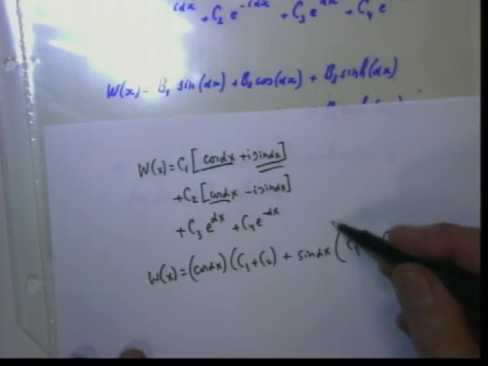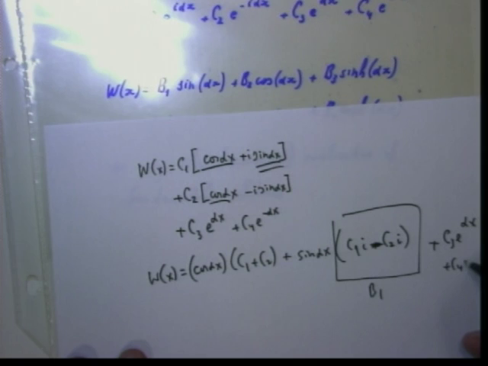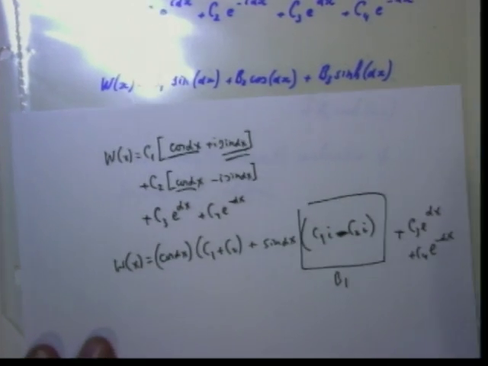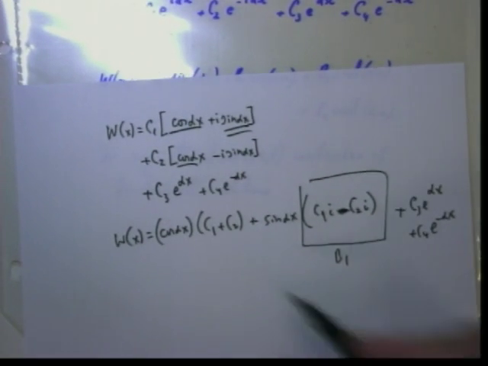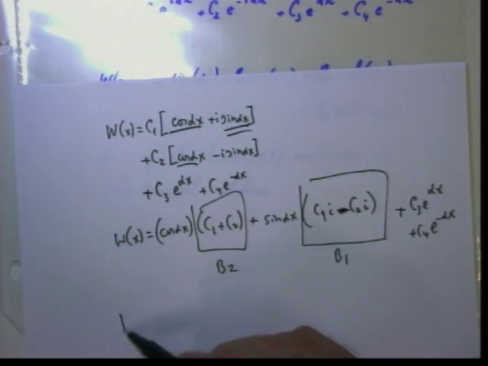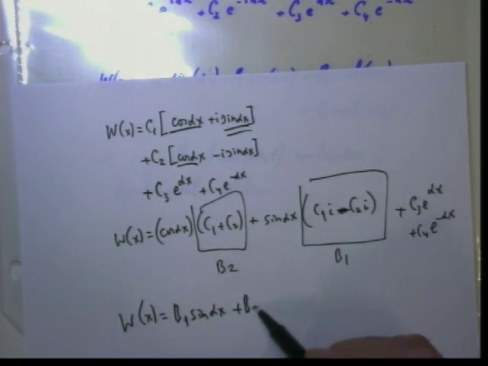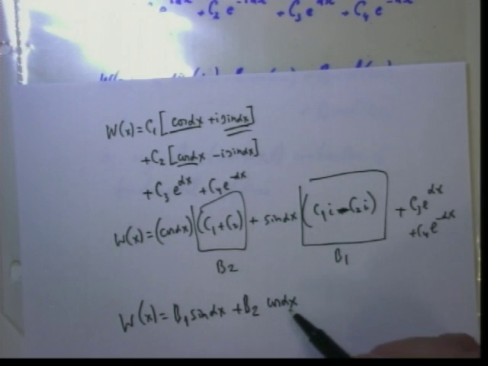Okay, so I call this B1, plus these terms, C3 e to the power alpha x plus C4 e to the power minus alpha x. And this is B2. So capital W of x equals B1 sine alpha x plus B2 cosine alpha x.